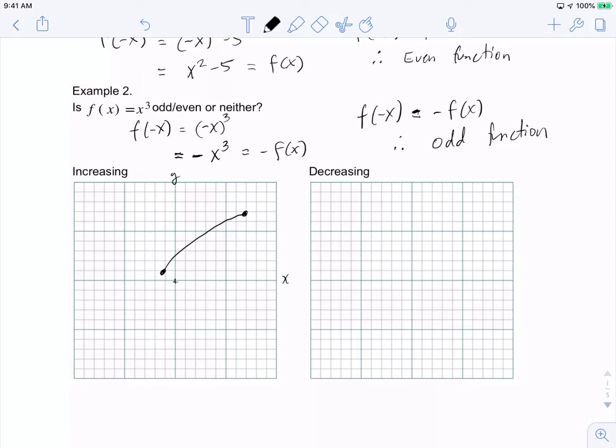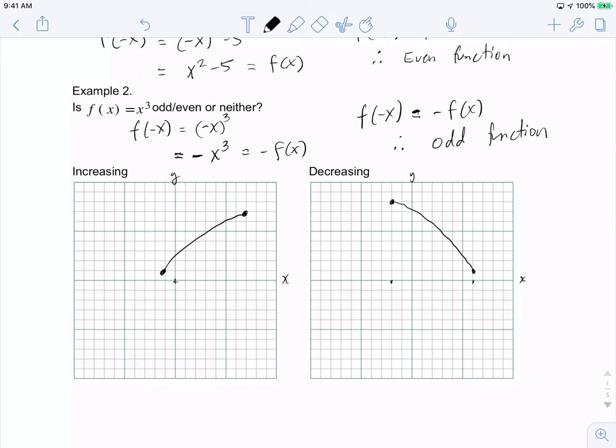By that same reasoning, if we have a function that is dropping in value as I go from left to right, this is said to be decreasing. The way that we say decreasing or increasing on both of these is by the interval from x value to x value.